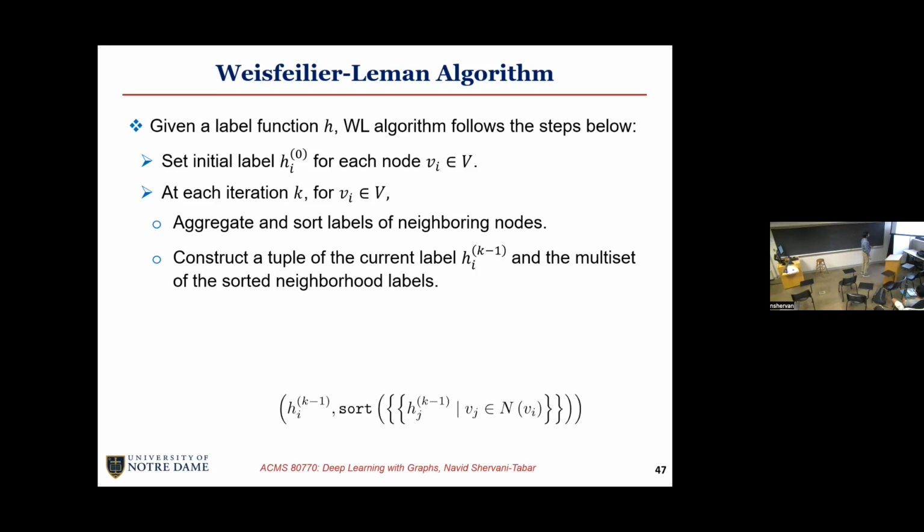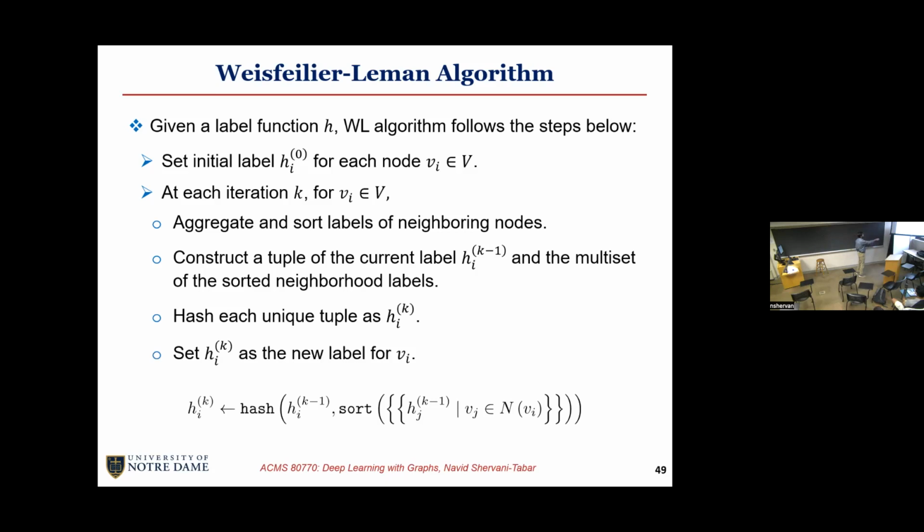Then we had a hash function, which was hashing them, relabeling them, meaning that it was associating a new label to every node that we have. And this new label is going to be our new label for the current node that we're dealing with.